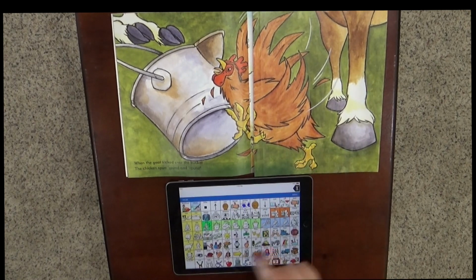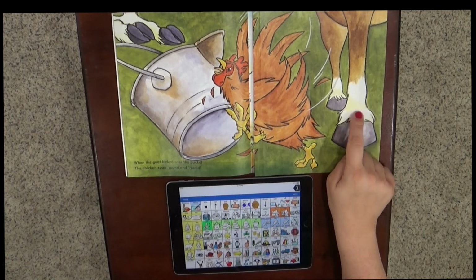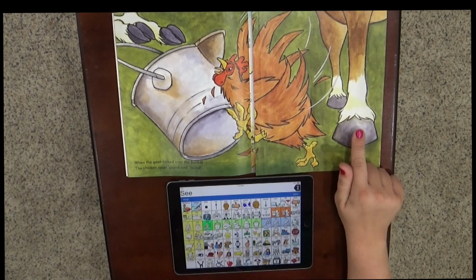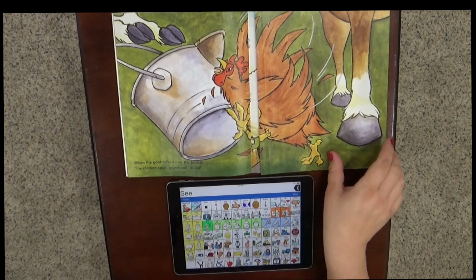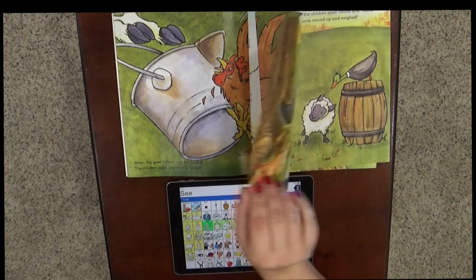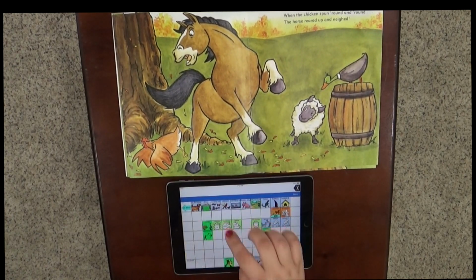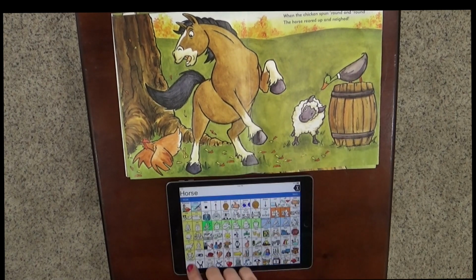Oh my goodness. I see some feet. I wonder what it is. Do you see that animal? It's a horse.